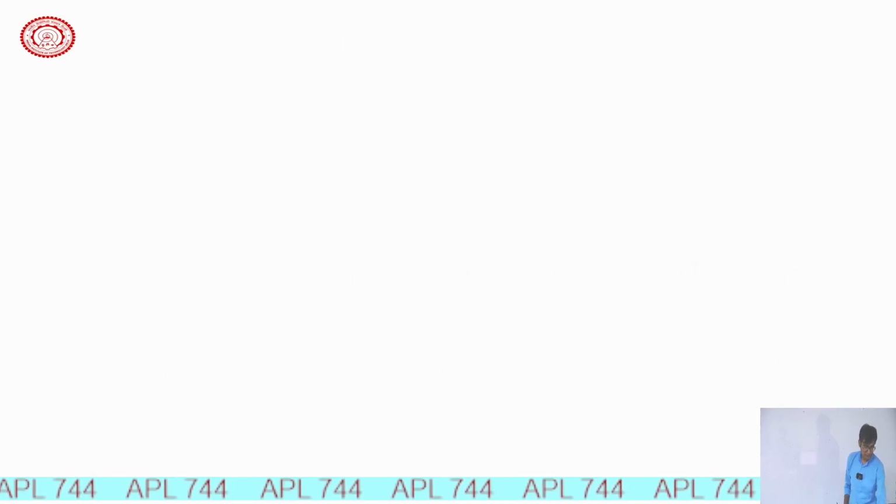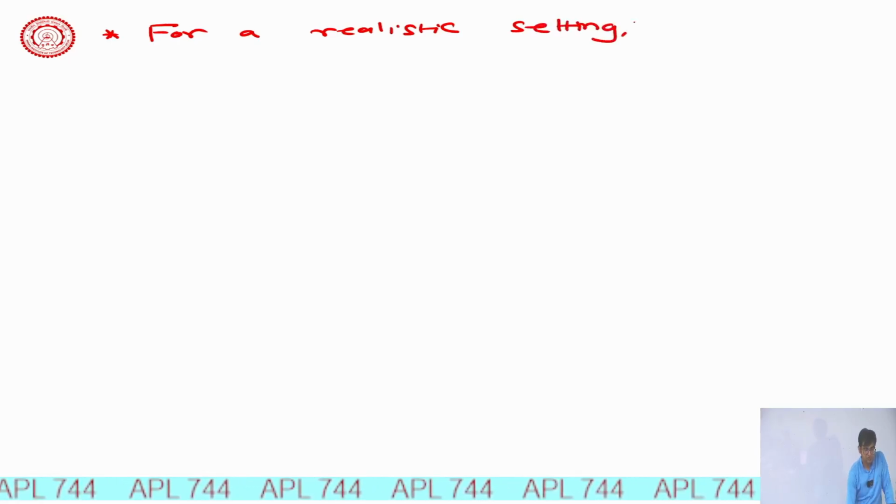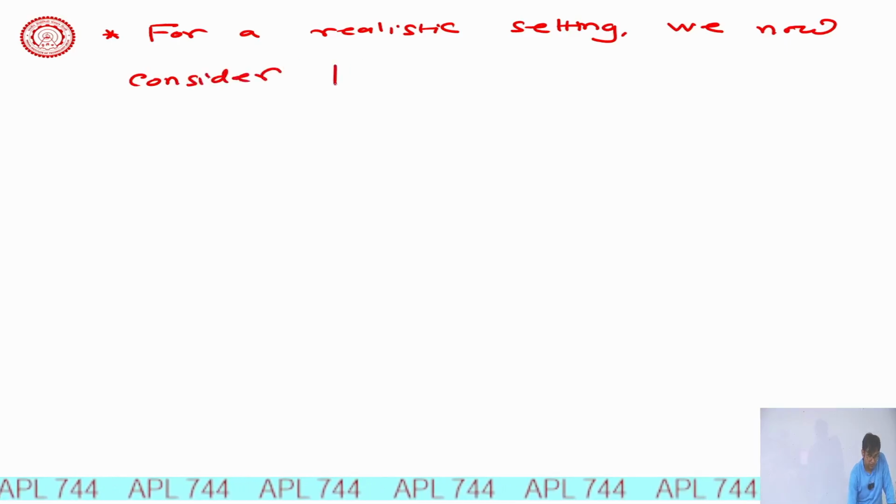Now for a realistic setting, we consider beta inverse, which is equal to sigma square, to be unknown.